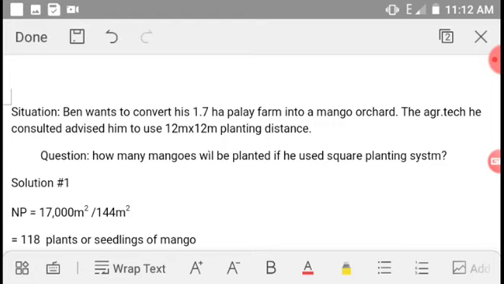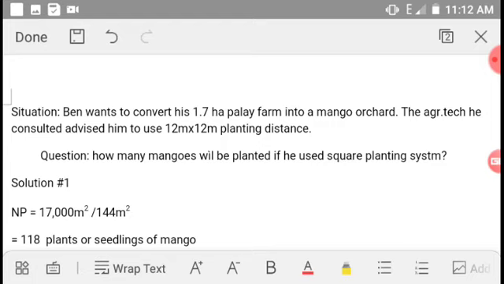Another situation: Ben wants to convert his 1.7 hectare palay farm into a mango orchard. The agricultural technician he consulted advised him to use a 12 meter by 12 meter planting distance. So question, how many mangoes will be planted if he uses the square planting system?